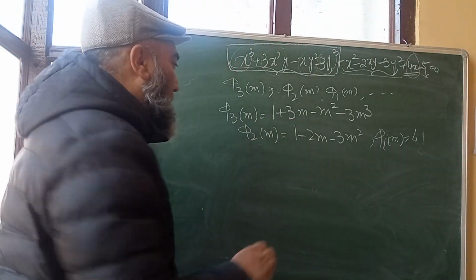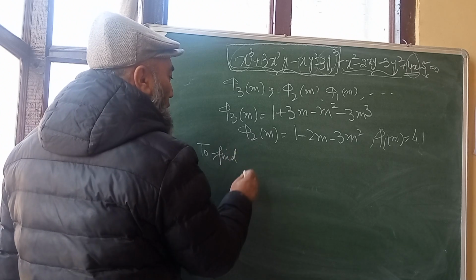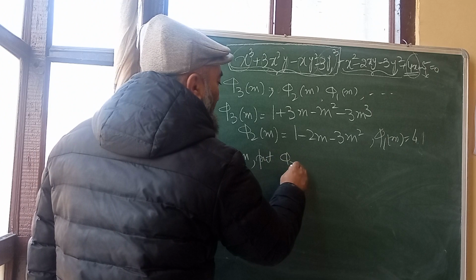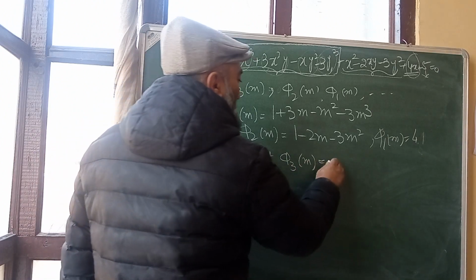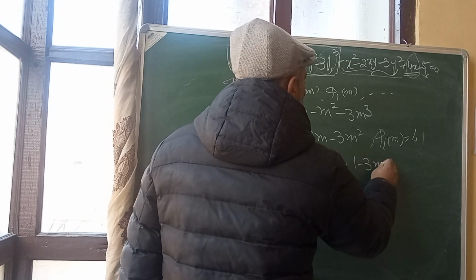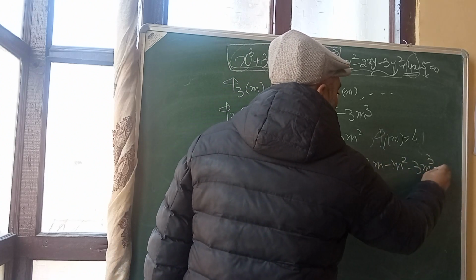Now, how do I find m? To find m, this is the rule which I have told you. To find m, put phi 3m equal to 0, which gives us 1 minus 3m minus m square minus 3m cube equal to 0.